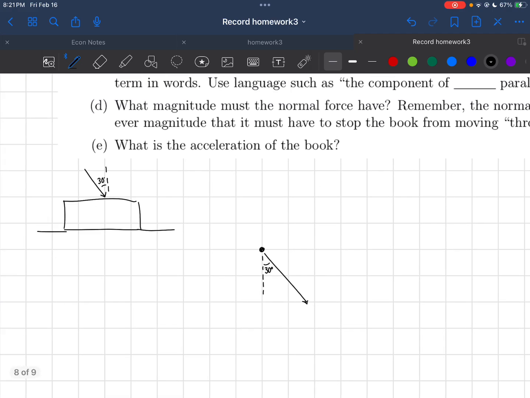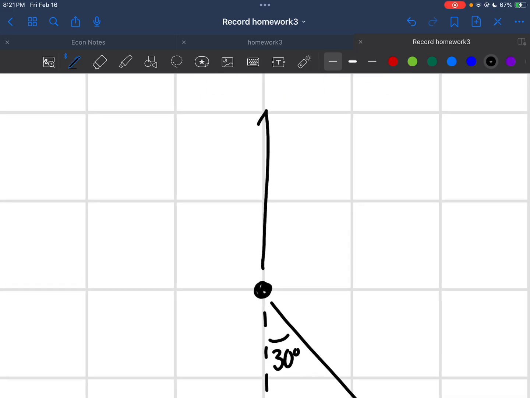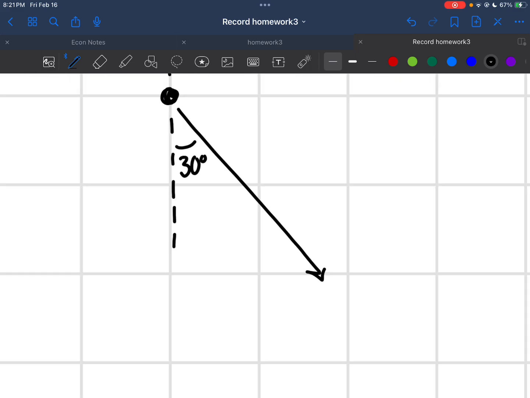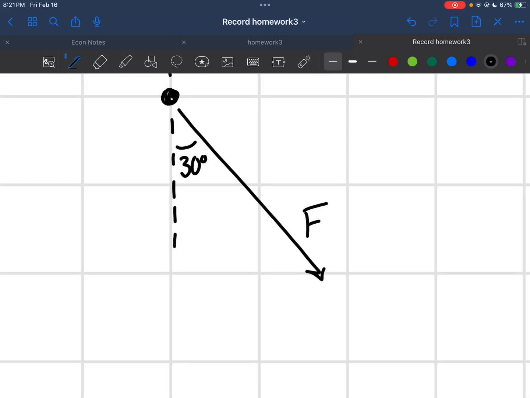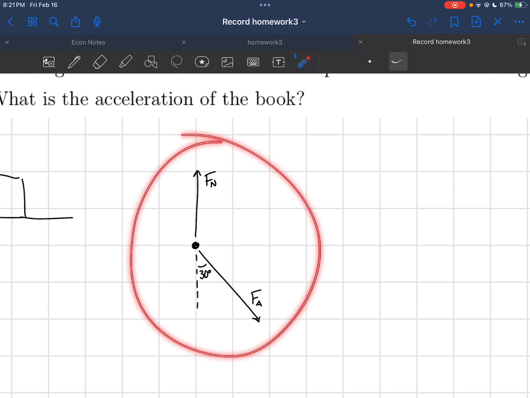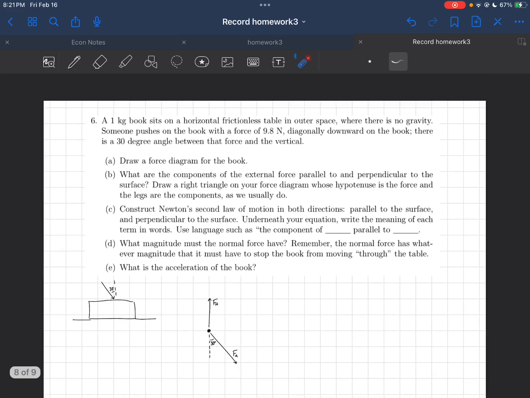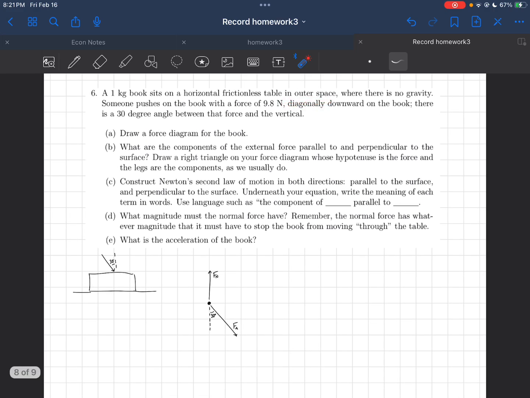And, well, the only other thing touching our book is the table, and that's a surface, so we're going to call that a normal force. All right, normal to what? Normal to the surface. I'm just going to call that the force that's applied. And normally, I finish out these force diagrams by saying, well, we're on Earth, so we also have gravity. But now, we're not on Earth, we're in outer space, so we don't have a force from gravity in this case.